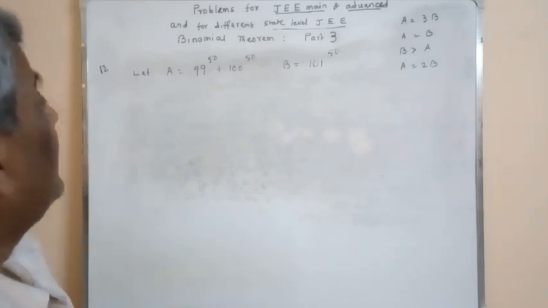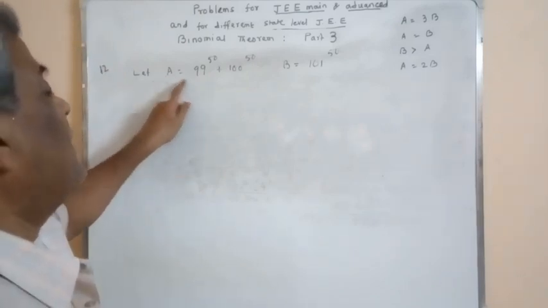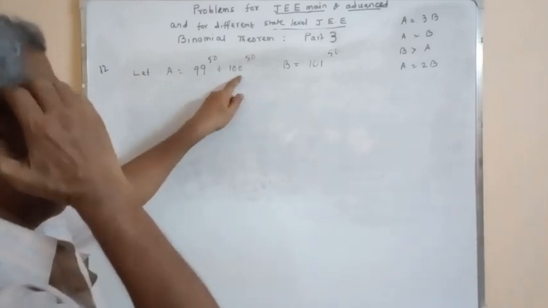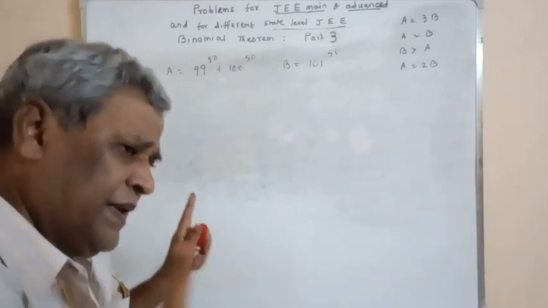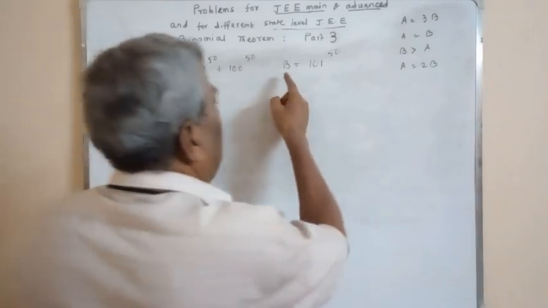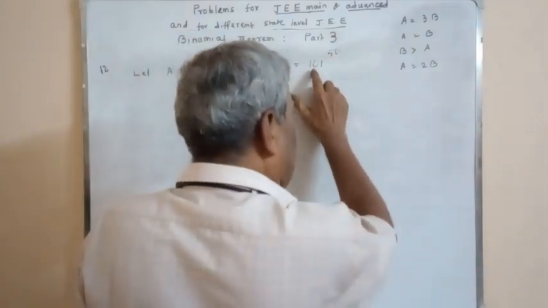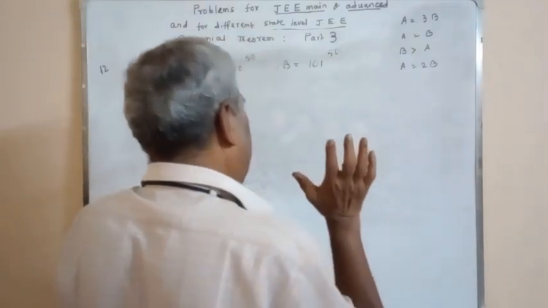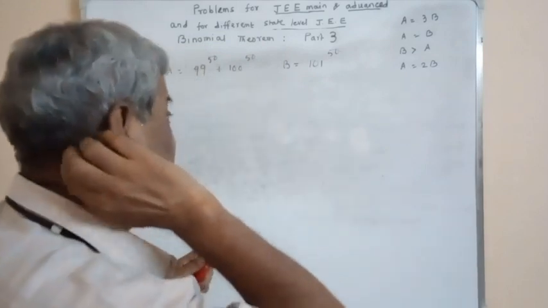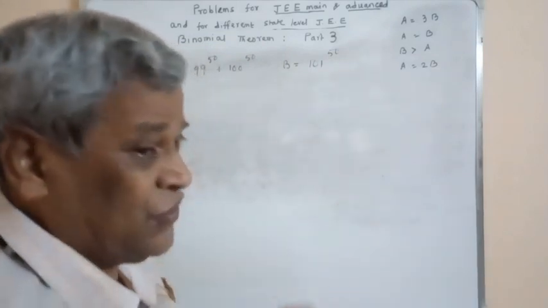Here A is an expression, 99 to the power 50 and 100 to the power 50, a very big number. And B, 101 to the power 50, is also a very big number. Then which relation is true?